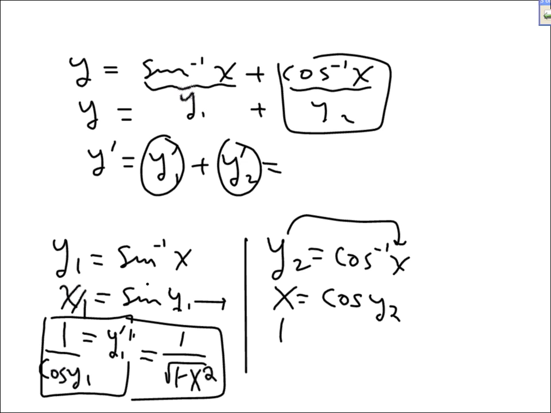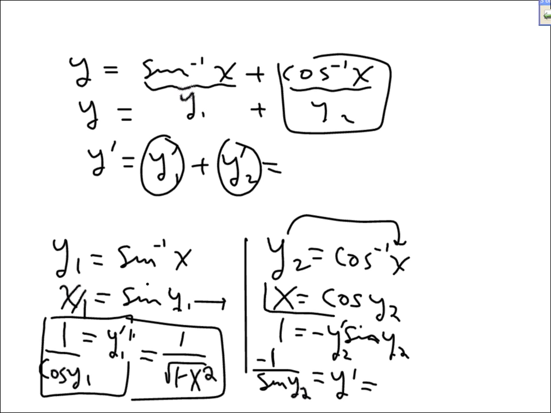The derivative of x is 1. The derivative of cosine of y2 is negative the sine of the same angle times the derivative of the angle. So now I divide by negative sine y2. Negative 1 over sine y2. Put the negative on top. This is y prime. I just need to write it without y sub 2.